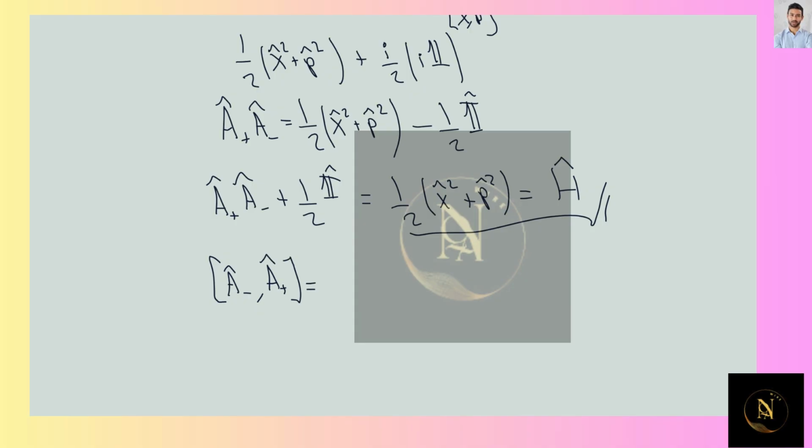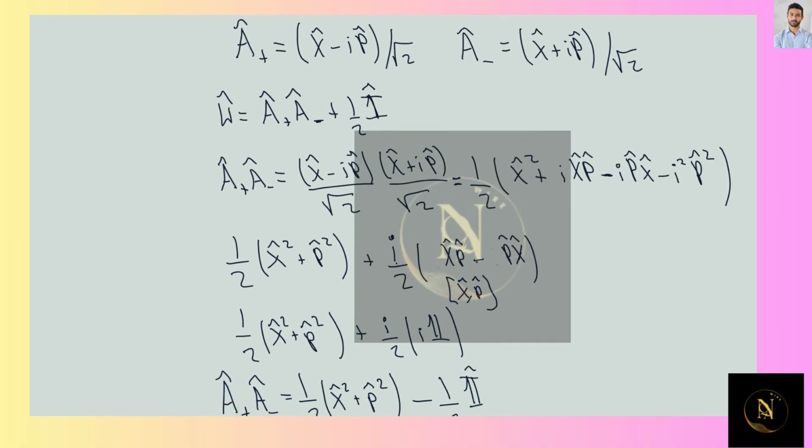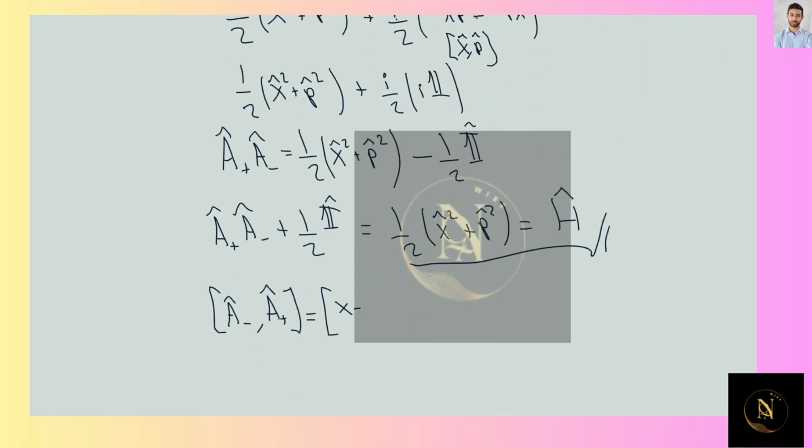This is going to be equal to the commutator of, let's go back a little bit for the definition, a minus is x plus ip over square root of 2, and a plus is x minus i times p divided by the square root of 2. Both of these are operators.